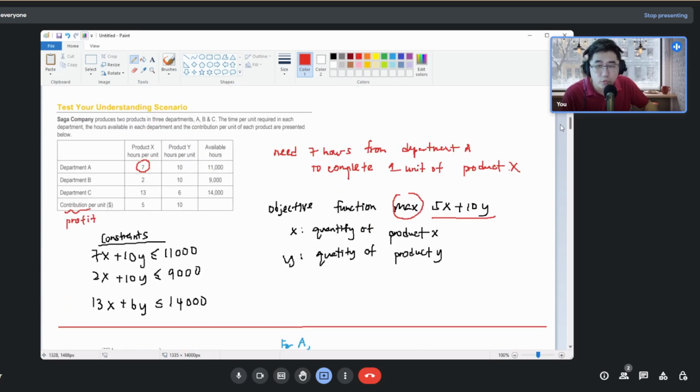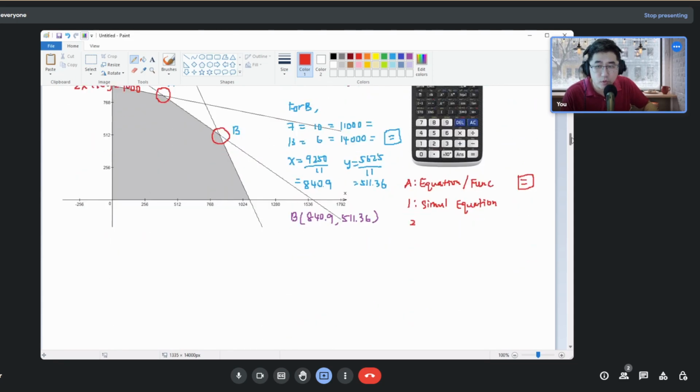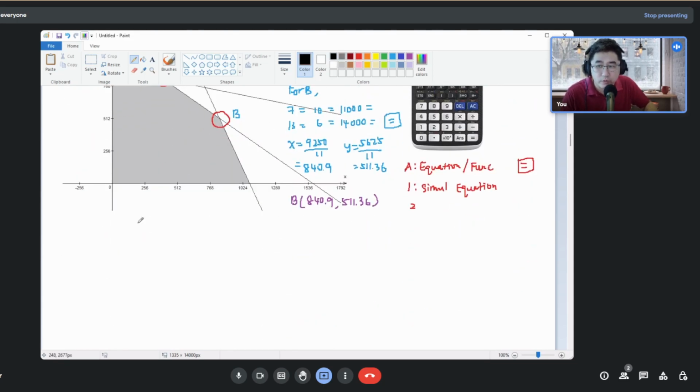Don't forget our objective is to maximize the answer. Let's see how we are able to maximize it, which will be our maximum solution. For A, our objective function is 5x plus 10y.